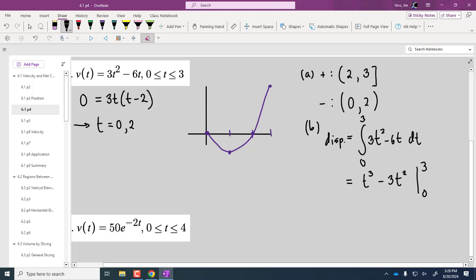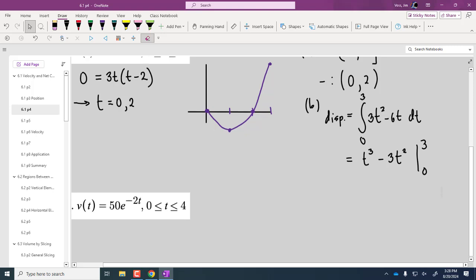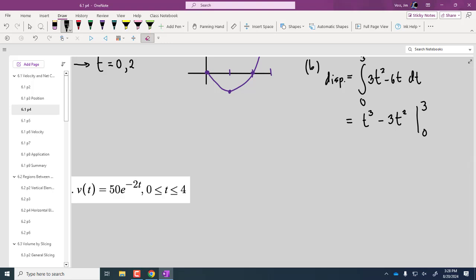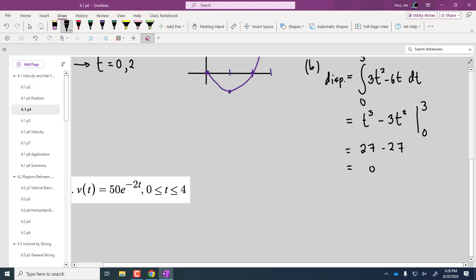Add 1 to the exponent, divide by the new exponent. Shocking that it works. That is a big deal. It's shocking. It's not what anyone would have ever guessed. So 27 minus 27. So displacement is 0.